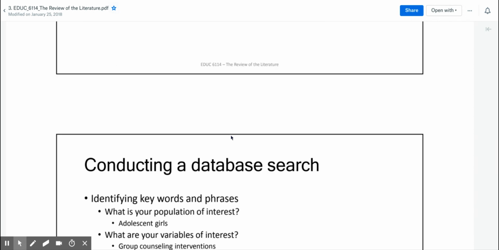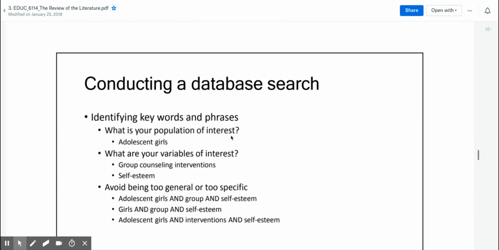Right. Priority: conducting database research. Again, nowadays people are so good at searching using search engines, and even though the Google search engine is different from our database search engine, it is pretty much the same.